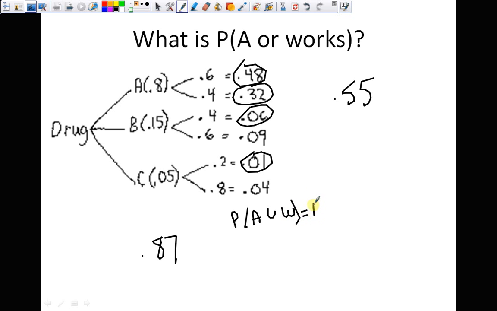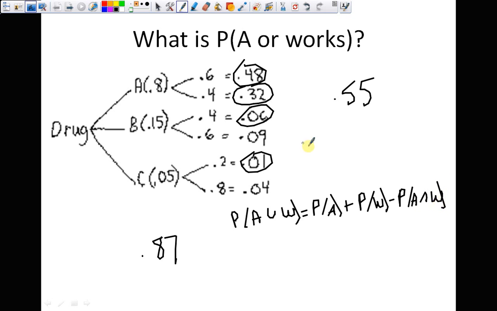And we should remember that that's the probability of A plus the probability of works minus the probability of A and works. Now take away that joint probability.